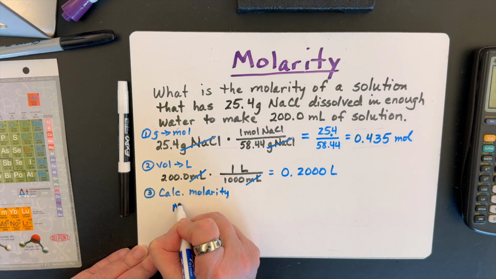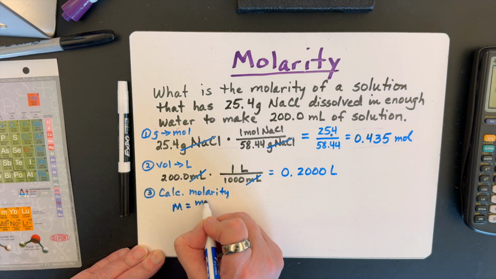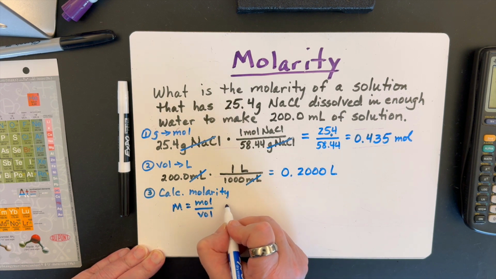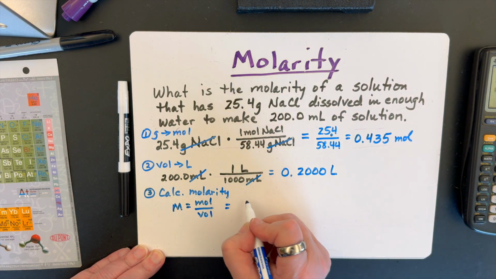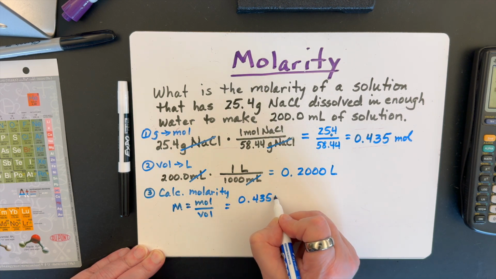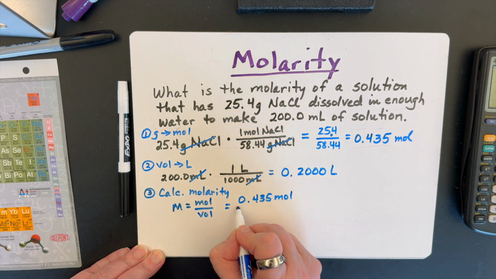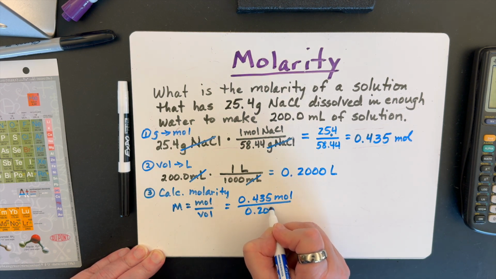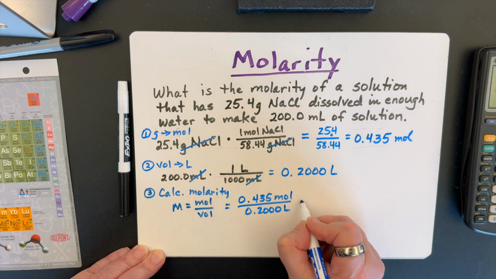And remember, molarity equals moles of solute over volume of solution in liters. So our moles of solute is 0.435 moles. And our volume is 0.2000 liters.